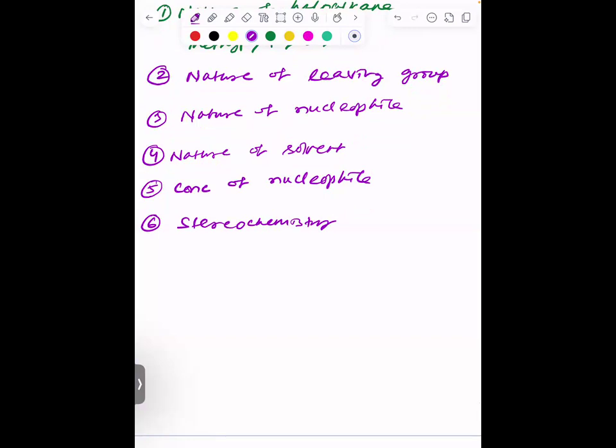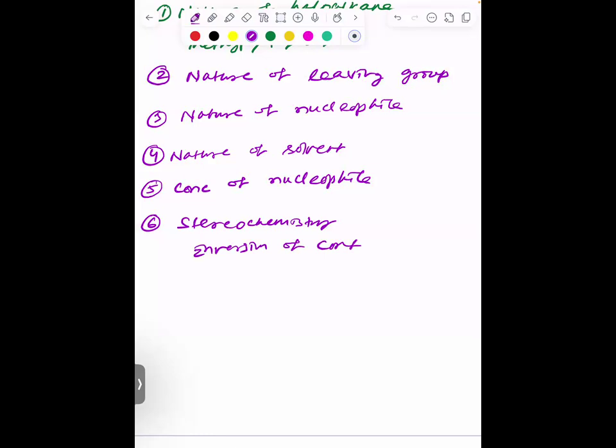Next, stereochemistry. So what will be the stereochemistry here? We discuss retention, inversion, racemization. So here it is complete inversion of configuration, right?